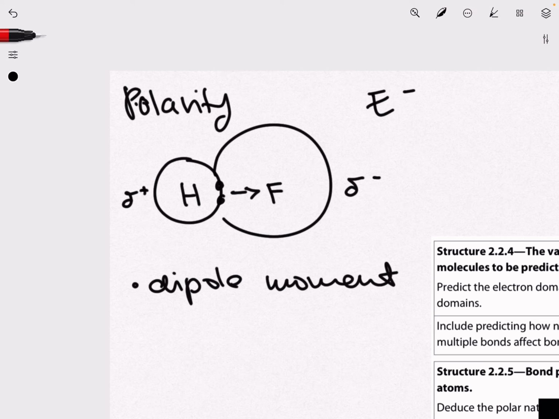And this arrow, which I drew here, can be represented by a vector like this. So it is an arrow with a little dash pointing towards the most electronegative element.